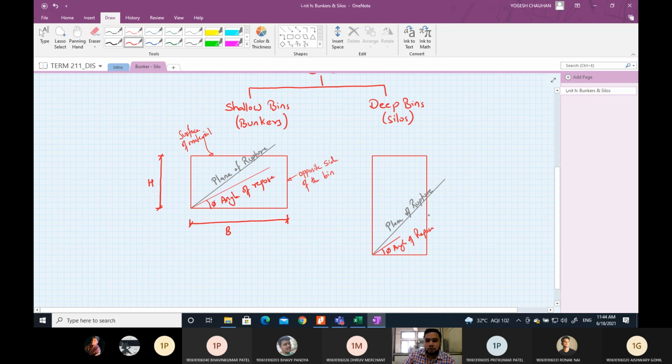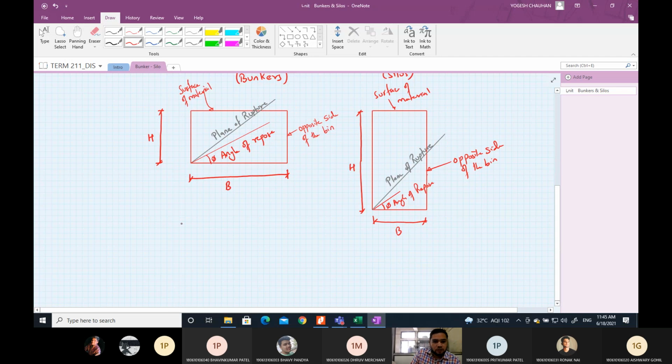And this is the opposite edge or opposite side of the bin, and this is the surface of material. So in case of same here, this is also H, and this is B.